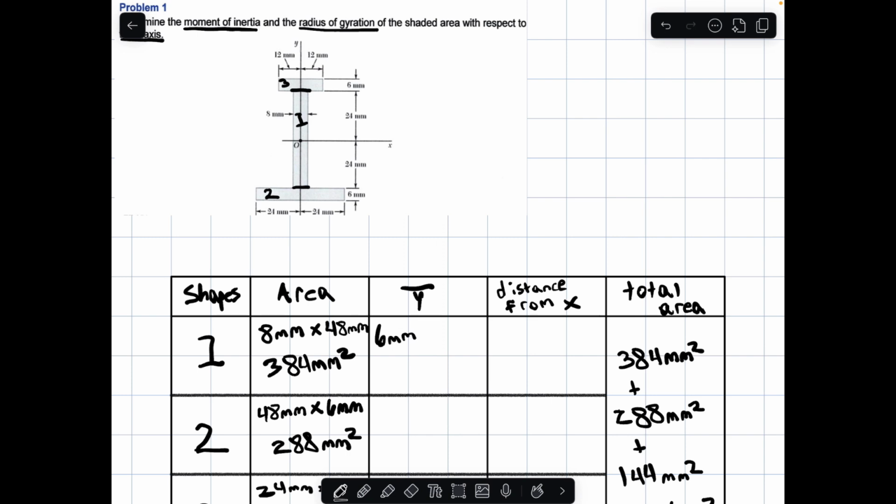Then the y bar of that rectangle will be 24, so plus 24 millimeters. This will give us 30 millimeters.